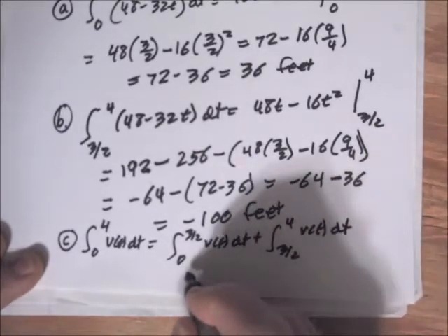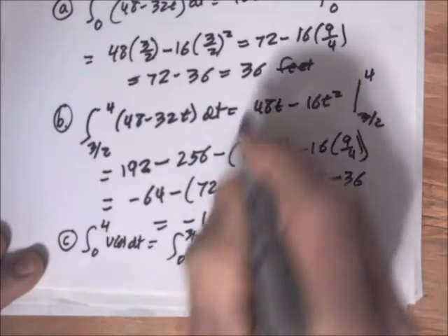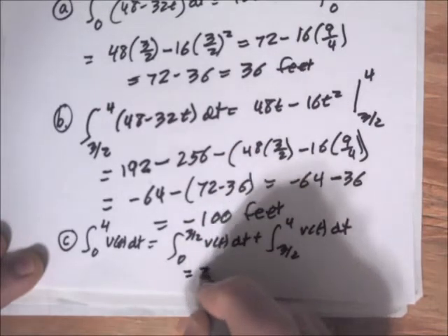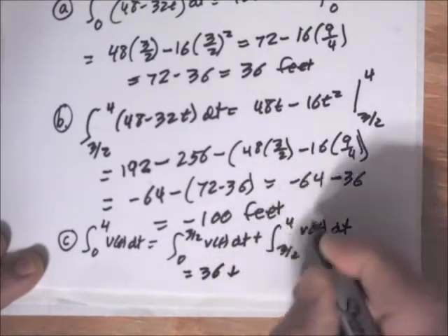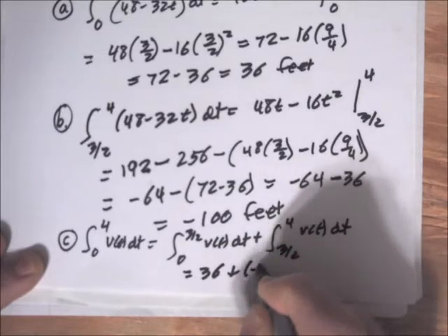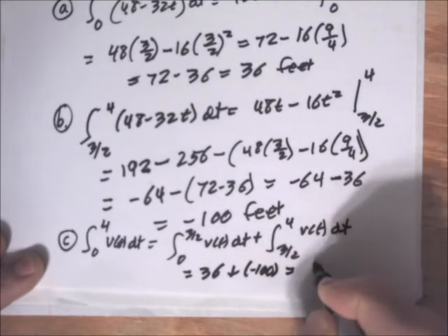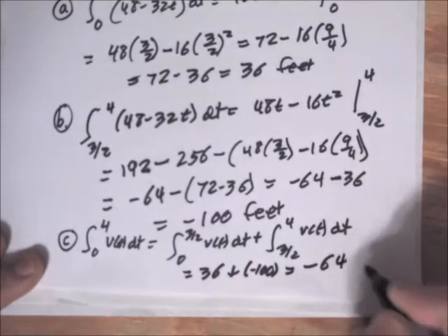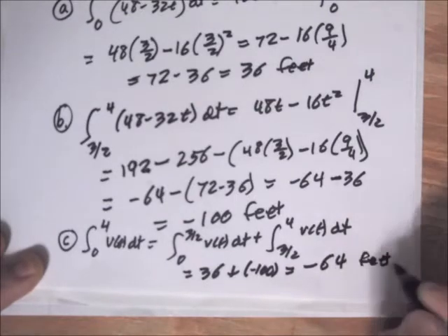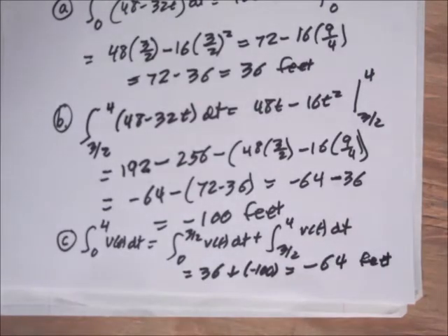This is our answer to part A, 36, plus our answer to part B, which is negative 100, and that'll be negative 64 feet. So the net change from time 0 to 4 is 64 feet in the downward direction.